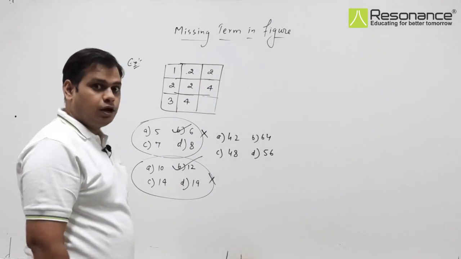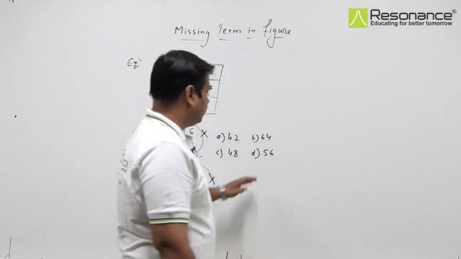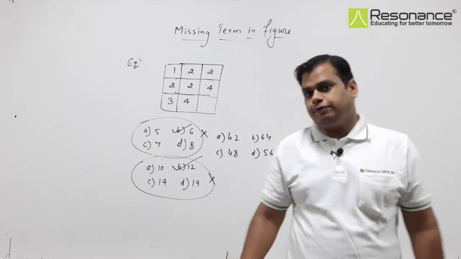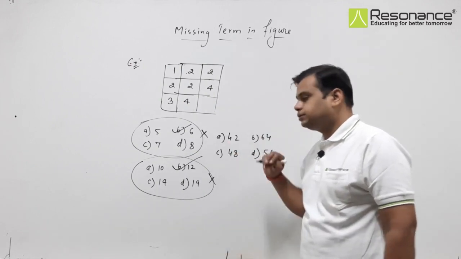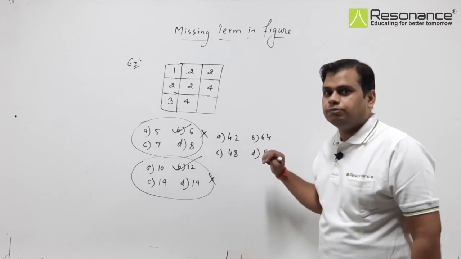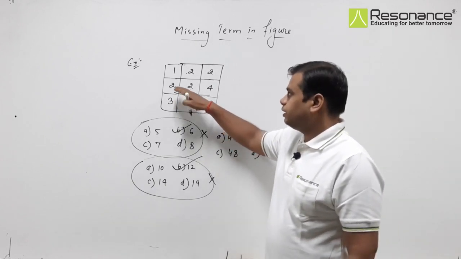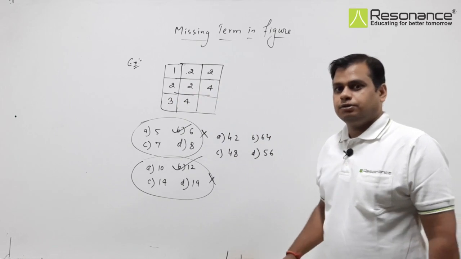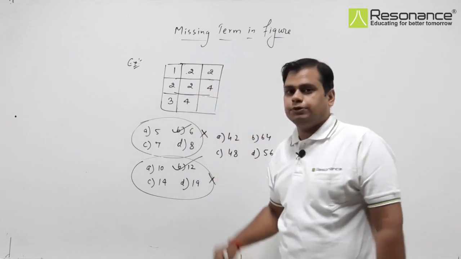Now, how can we relate? How can we find any answer from these options? You can see these options have very large numbers. So we have to think how we can make a larger number from these smaller numbers.